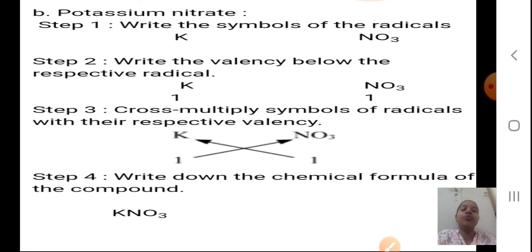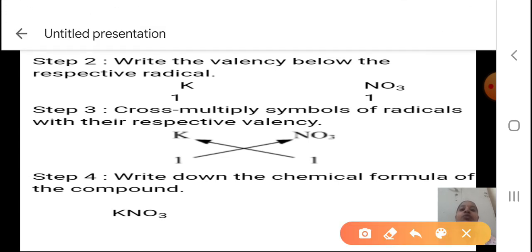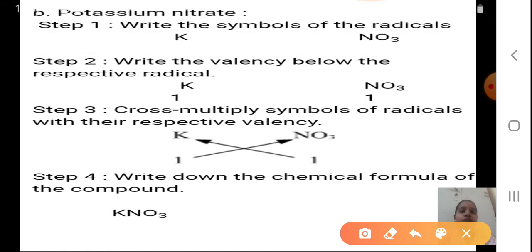So I have told you, for the first 20 elements, please study their atomic numbers, their valencies, and their symbols. Now see here, I have given you the example of potassium nitrate. Now we have to deduce its chemical formula. Molecular formula also you can deduce, no problem.